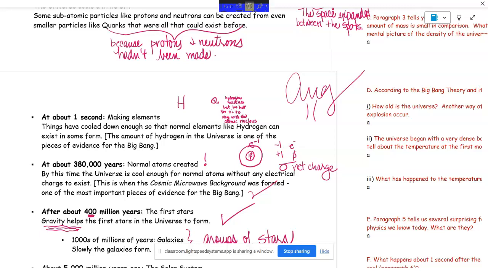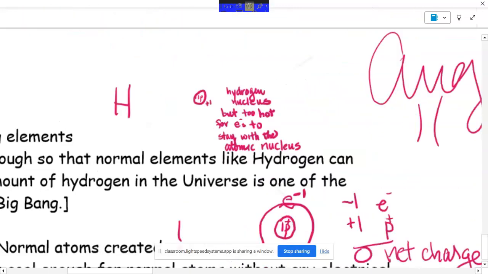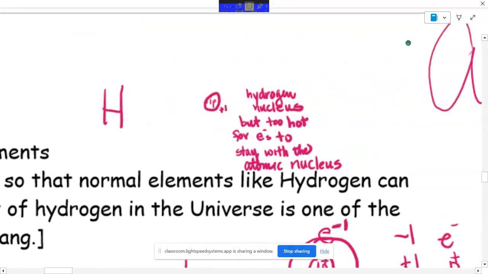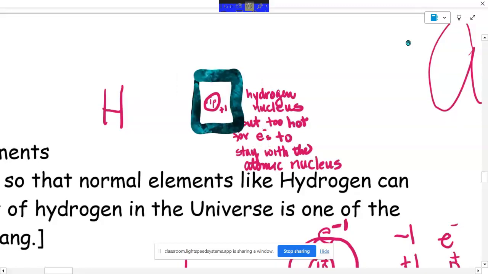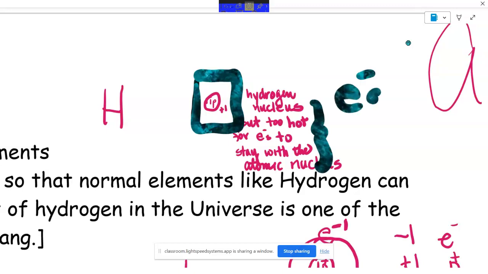It's only the hydrogen nucleus, however. It's just a proton. This is all that can form at this point, is the nucleus. It's too hot for the electrons to stay, because when it's hot, the particles are moving very fast. It's too hot for electrons because electrons are moving too fast.